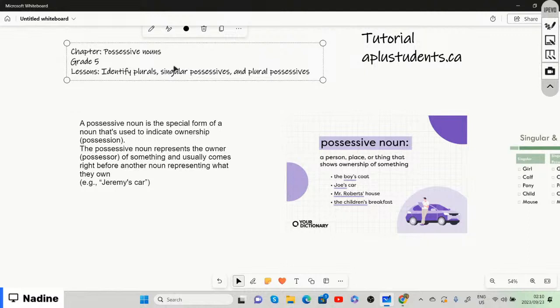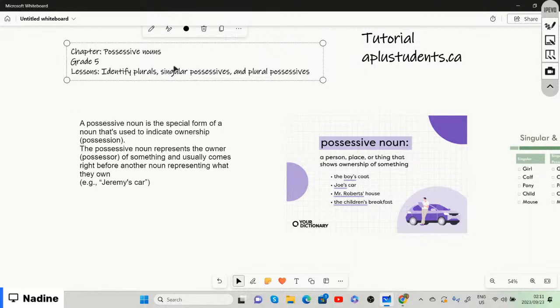It's a possessor of something, and usually comes right before another noun representing what they own. So if it belongs to Nadine, you first write Nadine and then you write the item or thing that she owns.